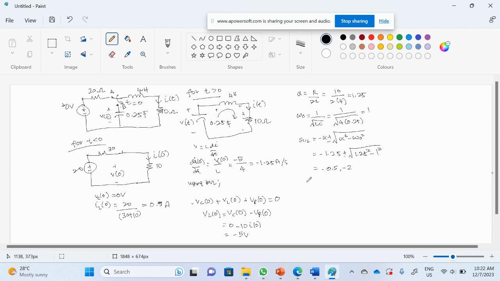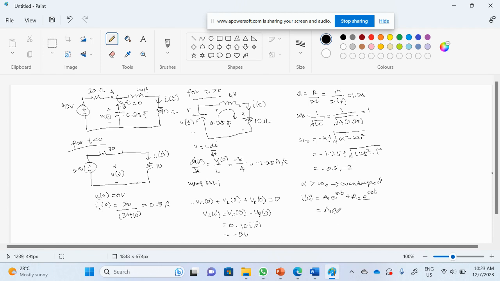Okay, since alpha is more than omega naught, it is the overdamped case. And in source-free cases, there is no steady state value term, so the infinity term is not there. So the overdamped response is A1 exponential S1t plus A2 exponential S2t.